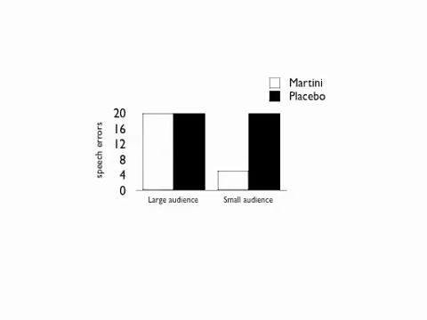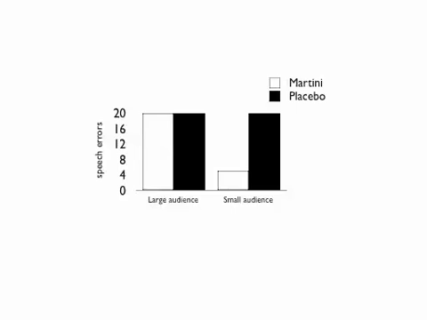This doesn't work, however, in front of a large audience. And this is a good example of an interaction. So we would have to compute F to know for sure whether this interaction is significant or not. But if it is, we would understand that the effects of the drink type depend on whether you're addressing a large or a small audience.